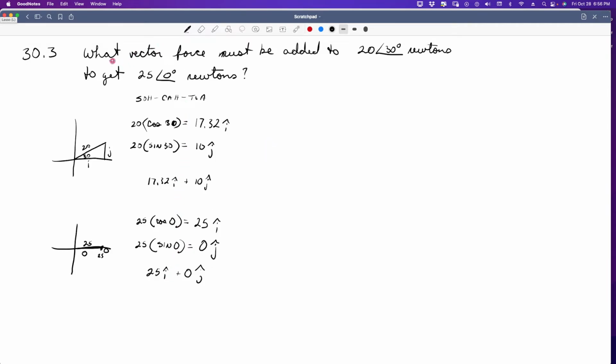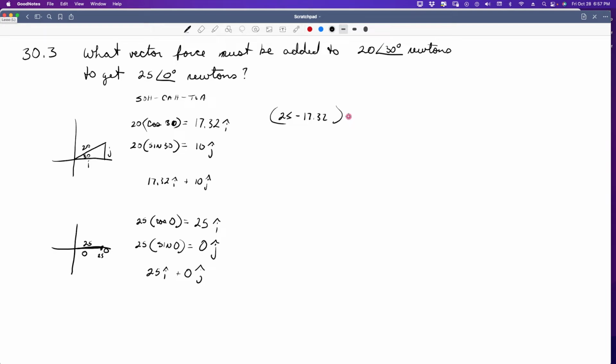So now we're going to put those together, or we're going to subtract this one from this one. I think, hang on, let's reread this. What vector force must be added to this to get this? So this is the greater one, this is the smaller one. So we have to figure out the difference by subtracting the first one from the second one, because something must be added to this one. So we're going to say the second one, which was 25 I minus the first I, 17.32.